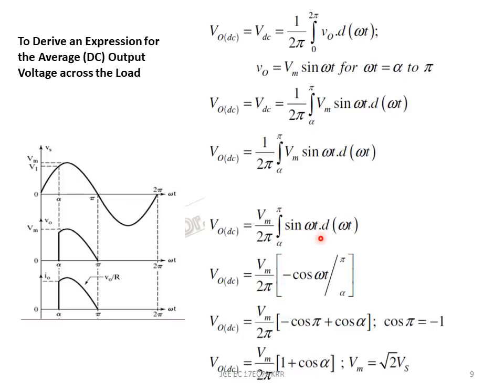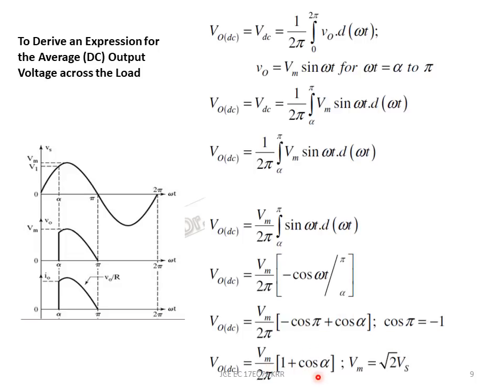Integration of sin is minus cos. So minus cos omega t, put the limits alpha and pi. So this will be Vm by 2 pi, inside the bracket, minus cos pi minus of minus cos alpha, by substituting these limits pi and alpha. Cos of pi is minus 1. So we will get V naught DC as Vm upon 2 pi, 1 plus cos alpha.